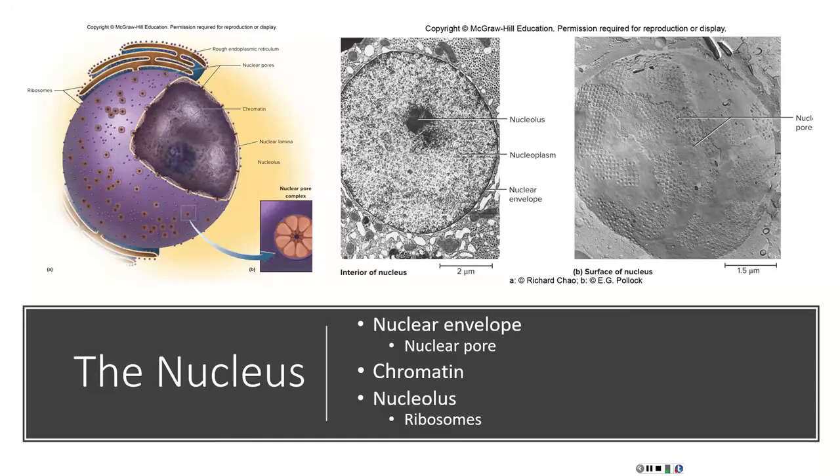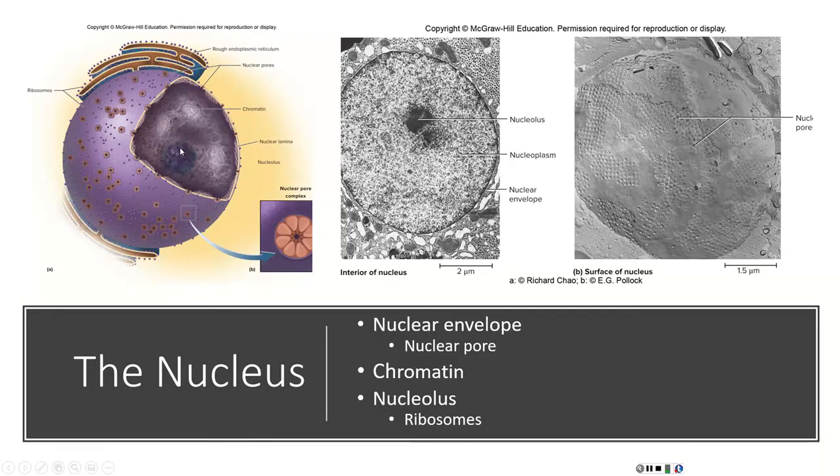But it folds back on itself to make a second phospholipid bilayer. So it's a phospholipid bilayer times two, two bilayers stacked on top of each other. It's actually a 4-layer membrane in total, and that's just to give a little bit more protection to that DNA. It's very important to protect the DNA.